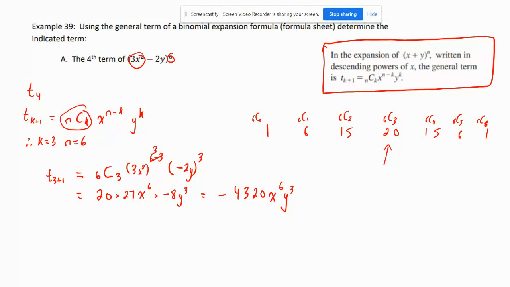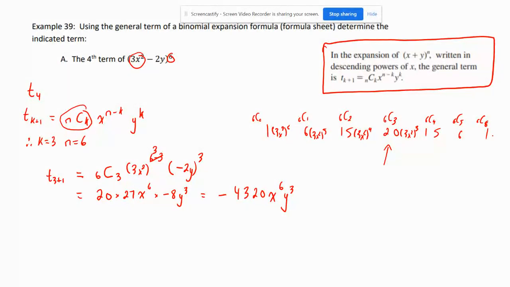Okay, now our pattern works where this would have been 3x squared to the 6, 3x squared to the 5th, 3x squared to the 4th, and then 3x squared cubed. Okay, that was this part here, 3x squared cubed.